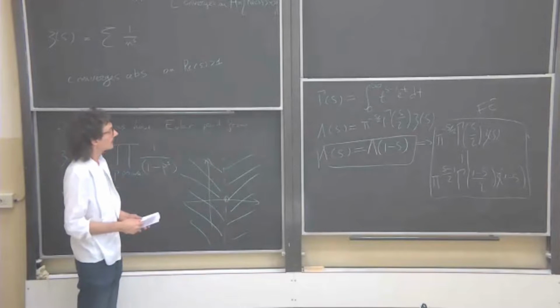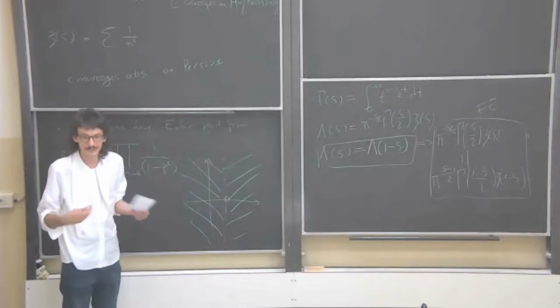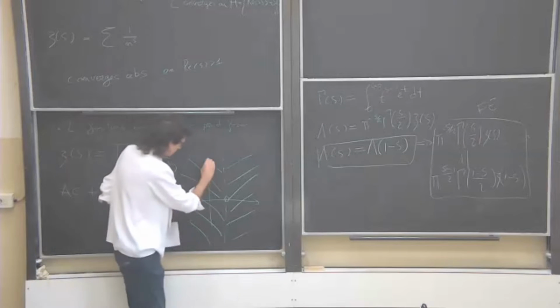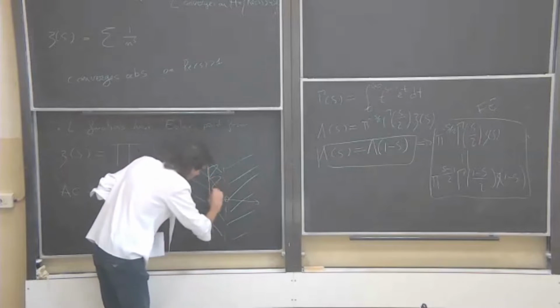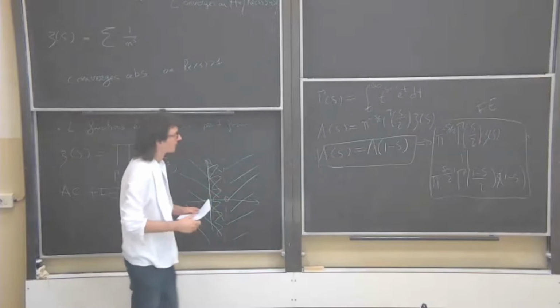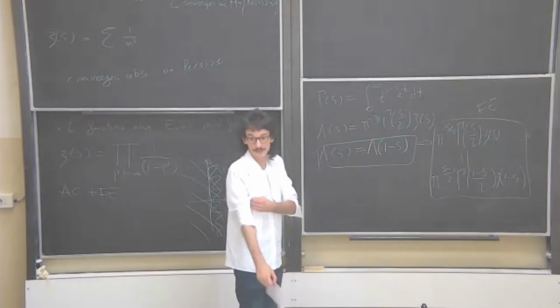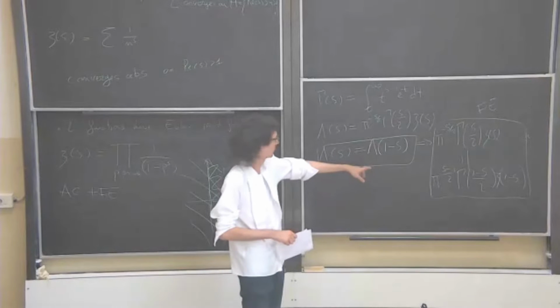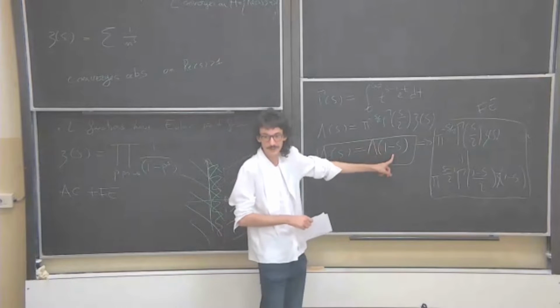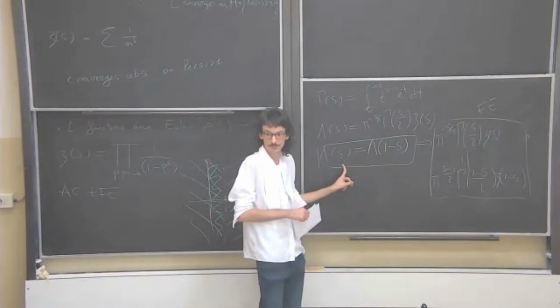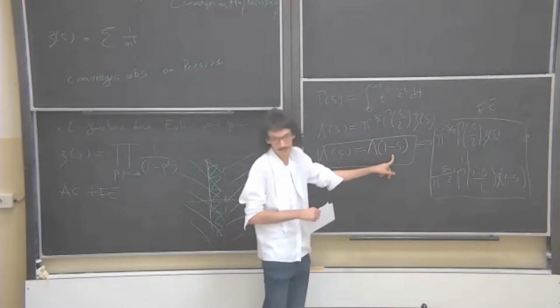And so if somebody wants to talk about the famous critical strip, which is this sector, one has to prove something along these lines. And if you notice here, 1/2 is exactly the point of symmetry of this equation, so s and 1 minus s.